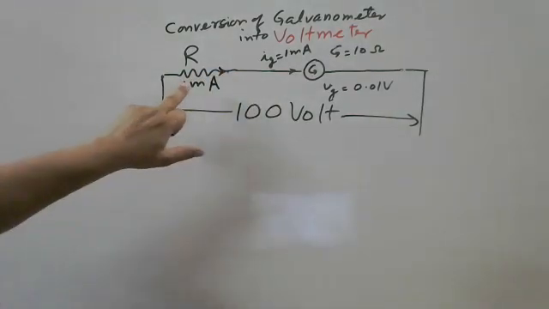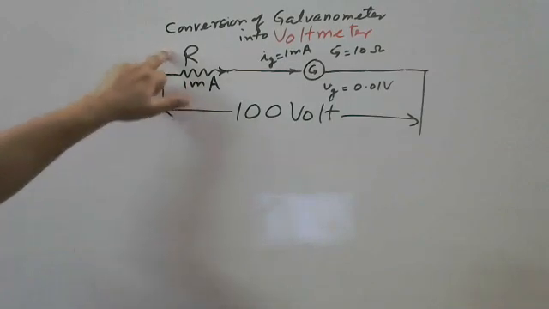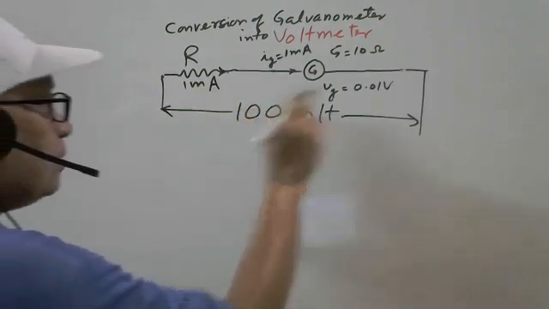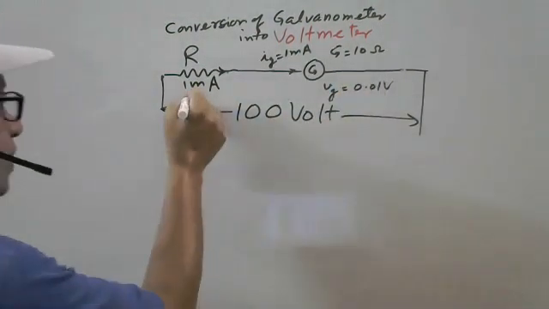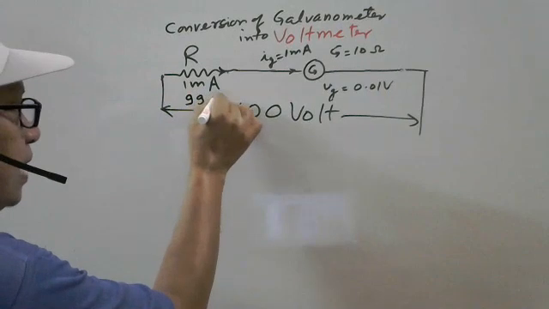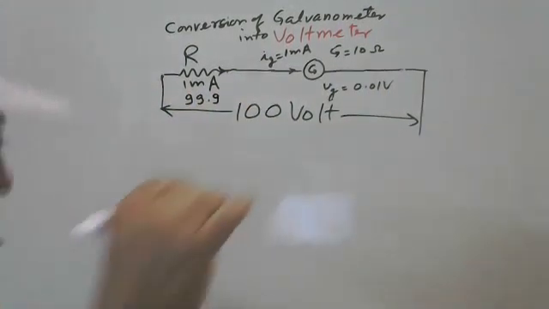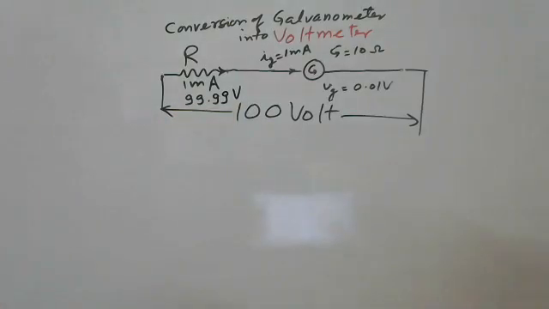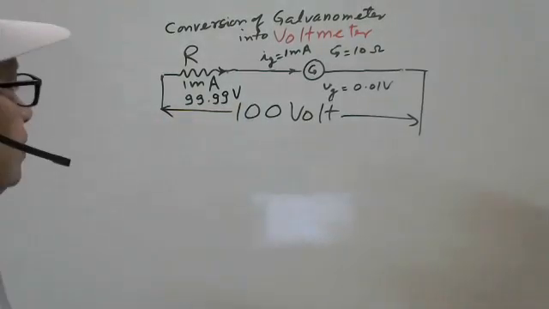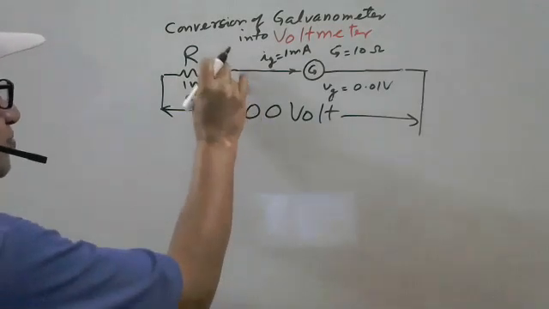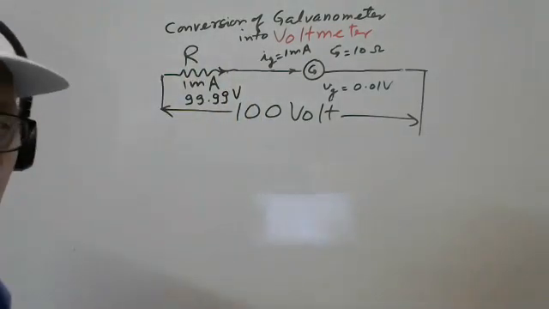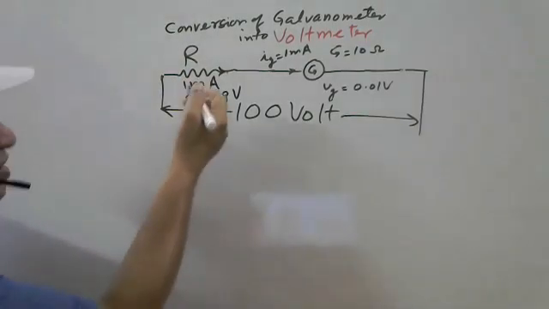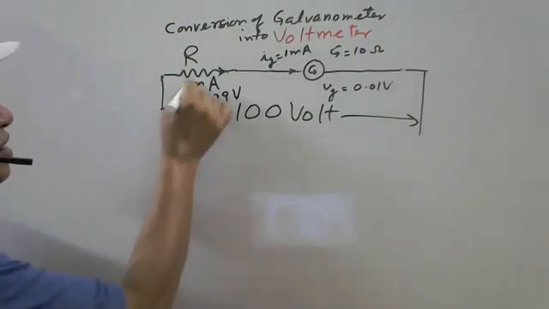So the voltage drop across this high resistance is IR. It means 100 minus 0.01, that is 99.99 volt, is the voltage drop across the series high resistance.